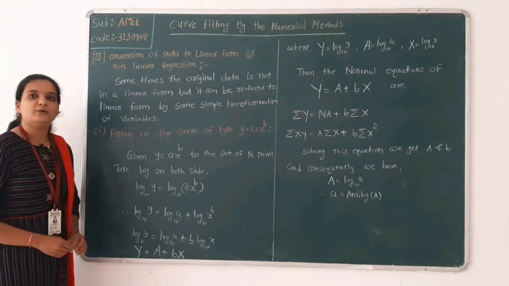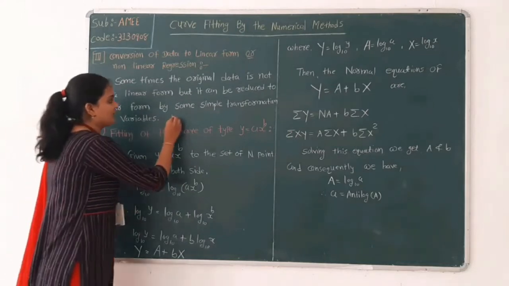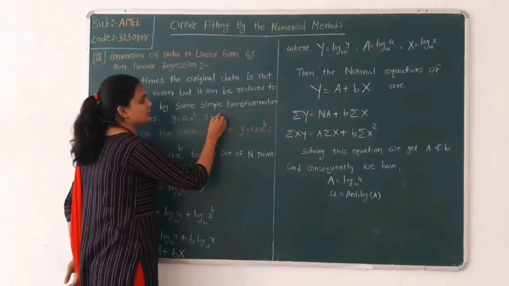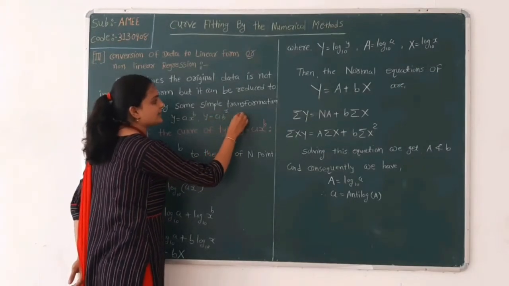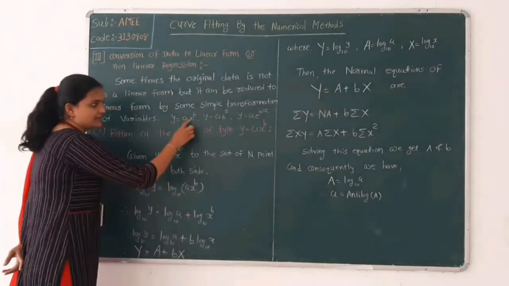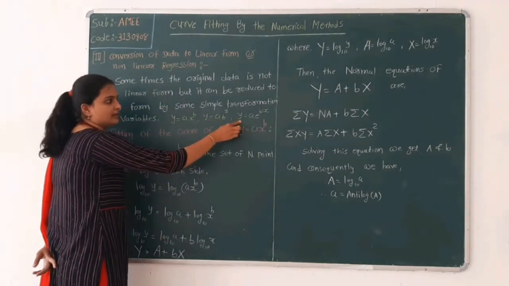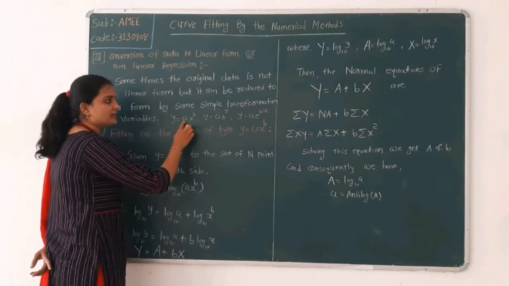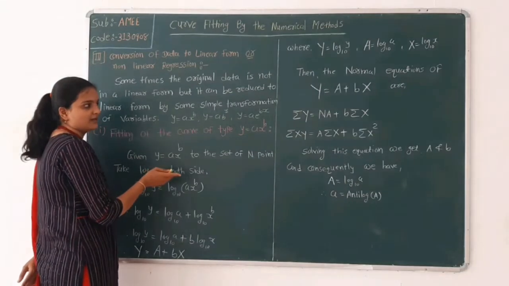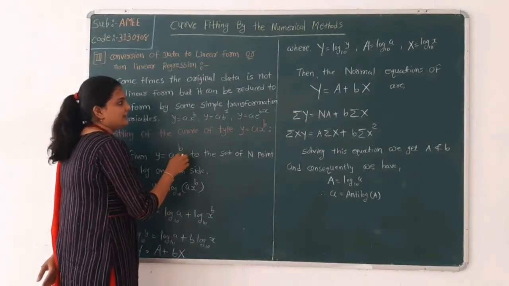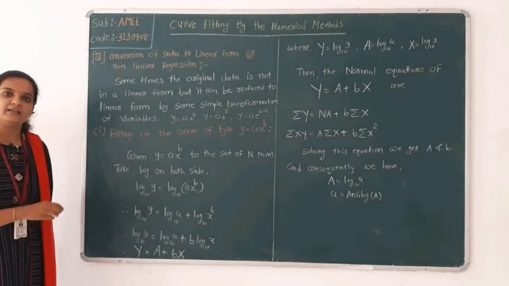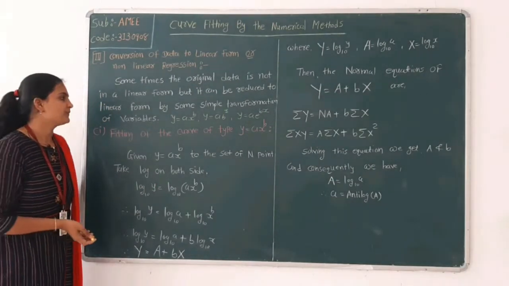Here we learn about three curves: y equals a x raised to b, y equals a b raised to x, and y equals a e raised to bx. These three curves are not in a linear form, so we convert them to linear form, and then by simple transformation of variables we find the unknown a and b.